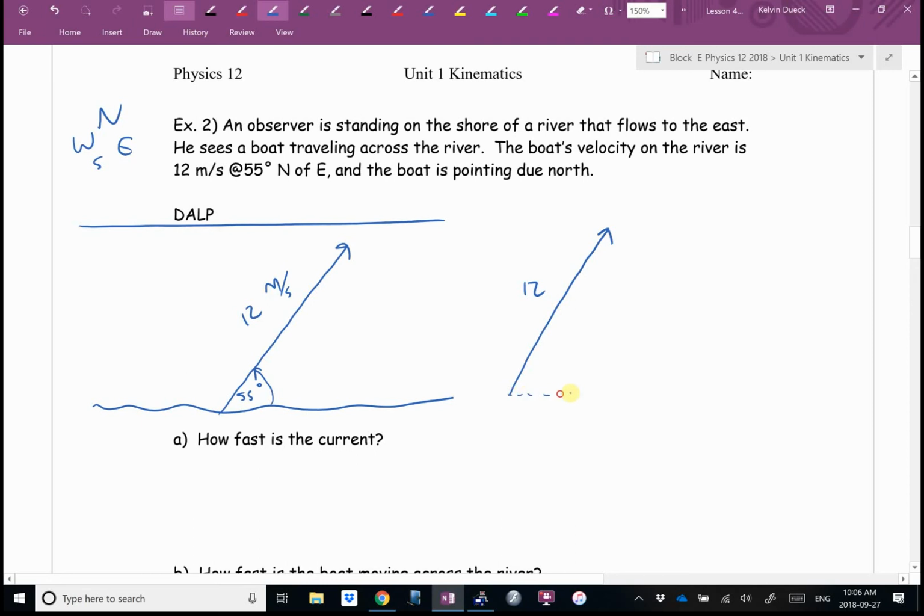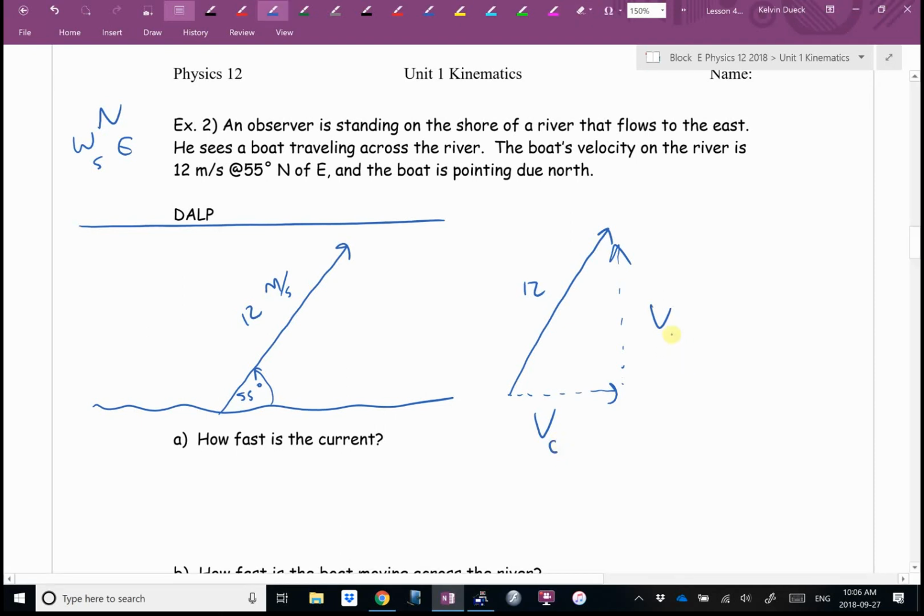12. Now, I could call this Vx and Vy, but relative to the river, what is Vx actually? Now, this is for an east-west river. If it was flowing north-south, then the current would be vertical, and Vy would be the current. I don't have to always give you an east-west river.